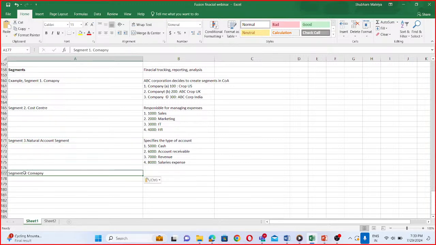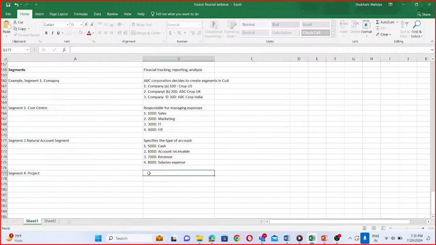Segment number 4, we can say the project. The project segment tracks financial data related to a specific project.